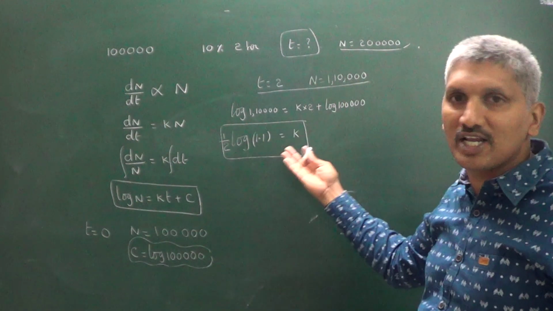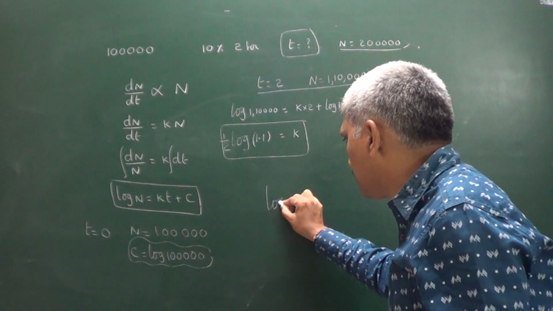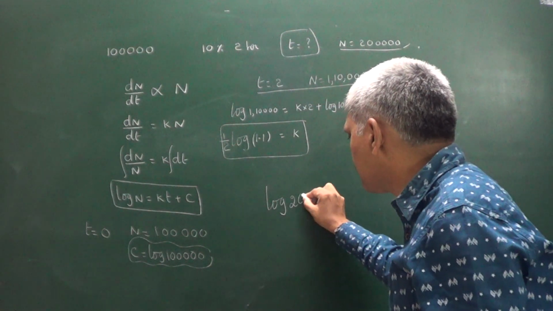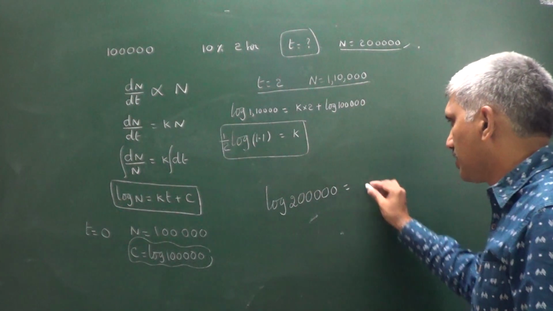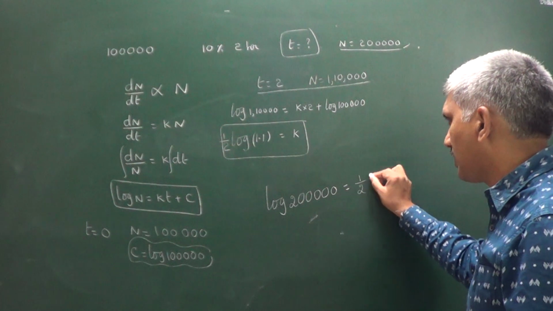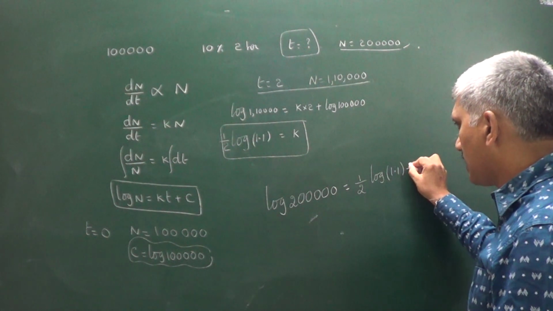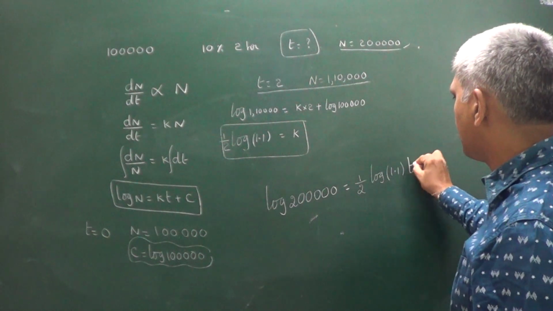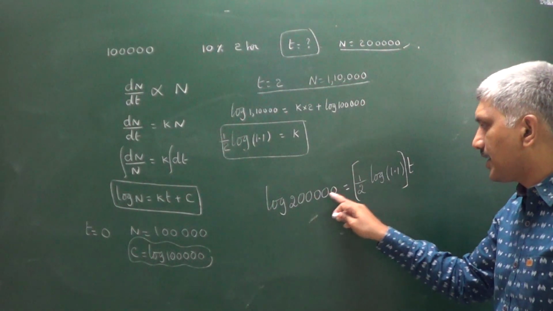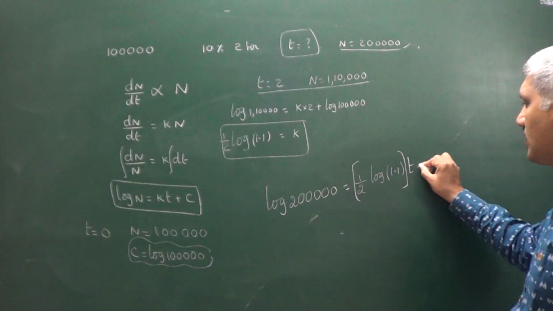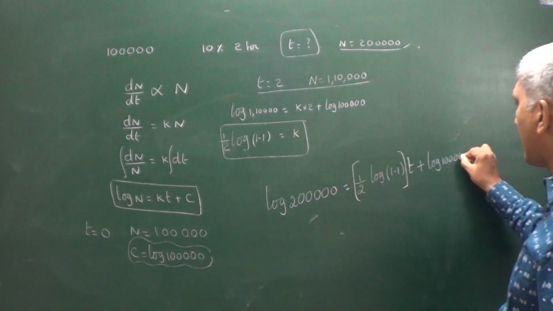Now substitute the c value and k value here. Observe here, N is equal to 2 lakhs. We already got the proportionality constant, k equal to half log 1.1, multiplied with t. Log N is equal to kt plus c, and the value of c we got is log of 1 lakh.